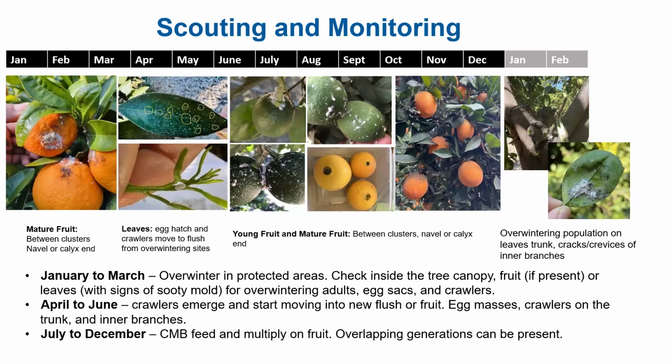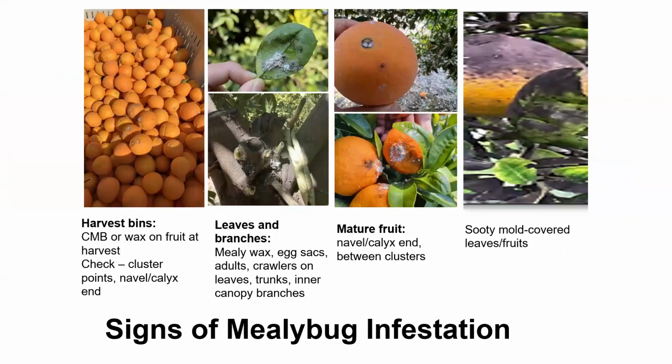So another way that you could determine if your field has mealybug or not is by looking for signs of mealybug infestation. That could be done by walking the bins at harvest and looking for any signs of mealybugs, which is something like this on the photo over here.